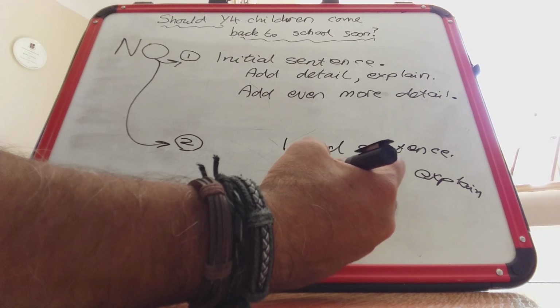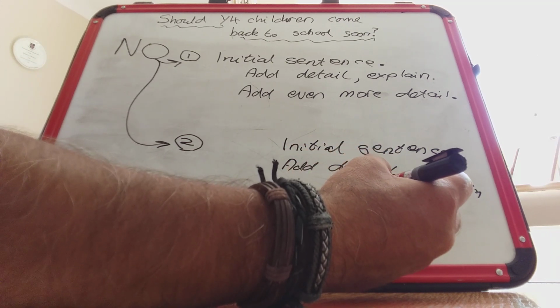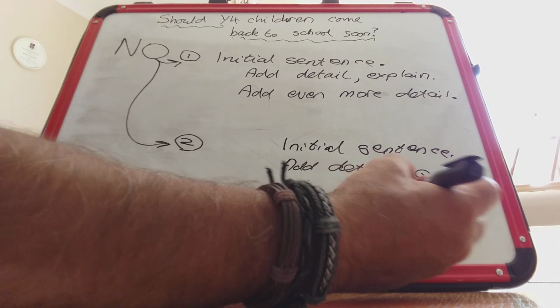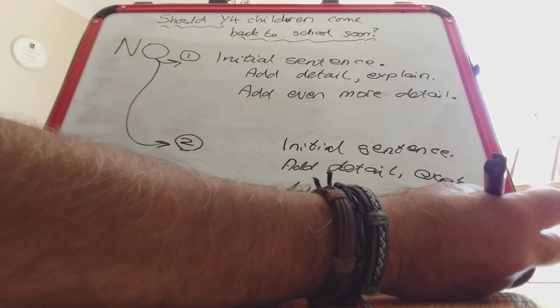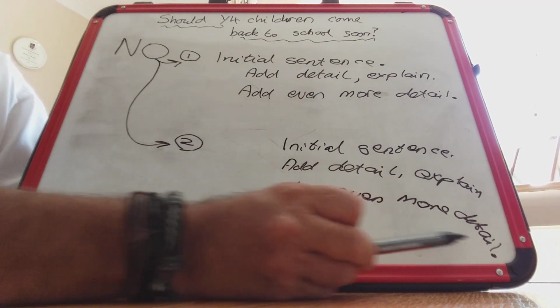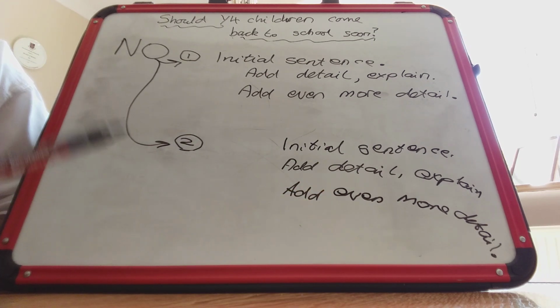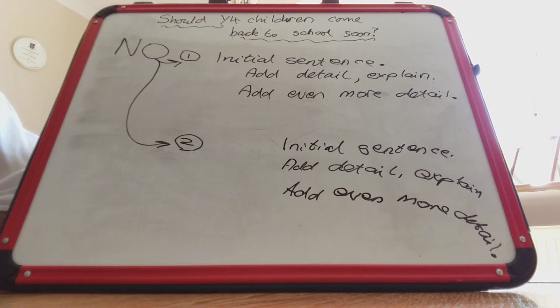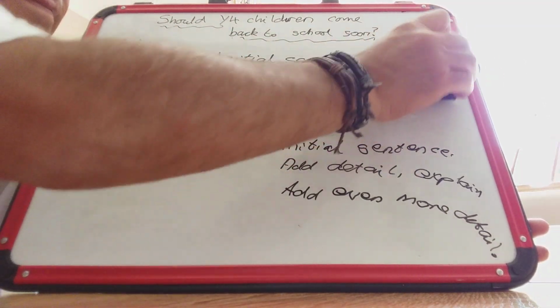And then, if necessary, and it's not always necessary, we will add even more detail. Oops, running out of space here, I have to go around the corner. So second part, we will add even more detail if we need to. So let's start this then. Get rid of this.